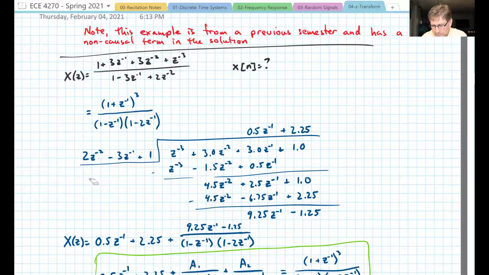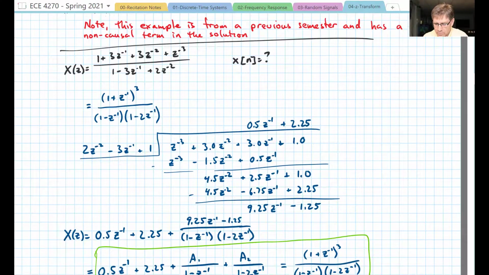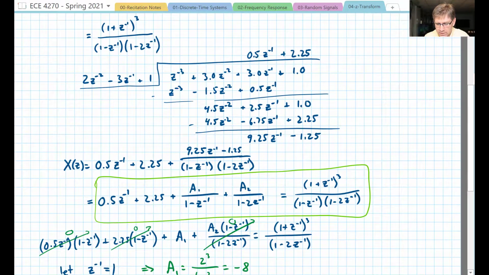And if you don't recall how to do polynomial division, it might come back to you by looking at this, or you could do a quick search on Khan Academy or something like that, and they'll probably go through it much more elegantly.